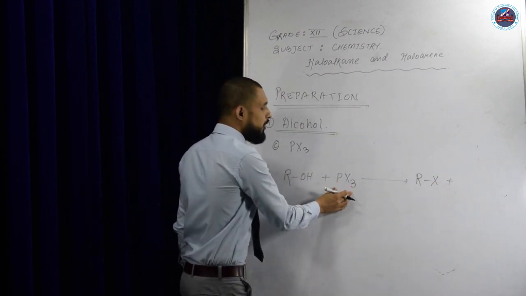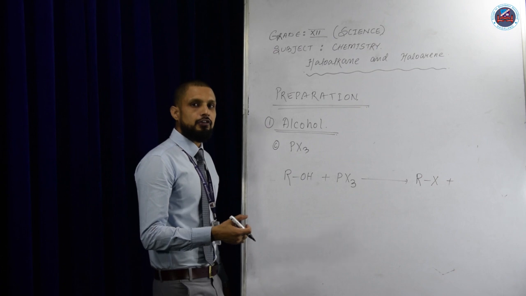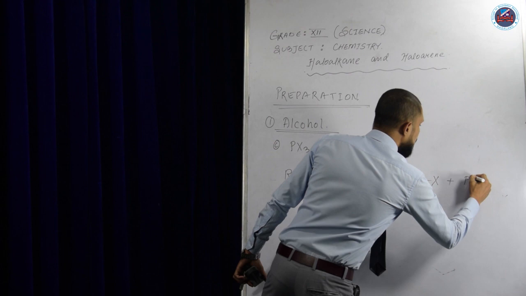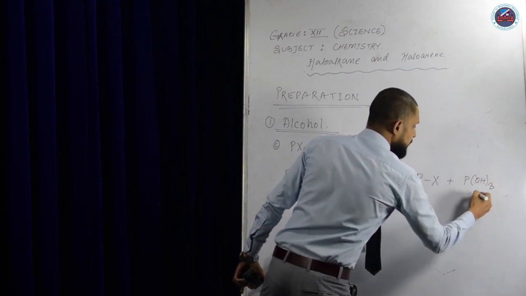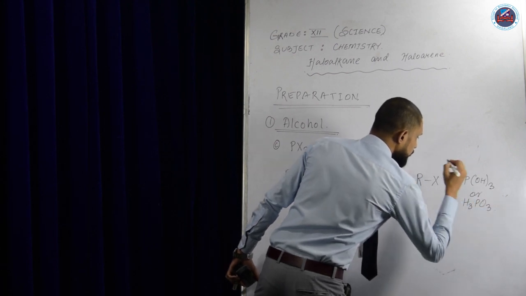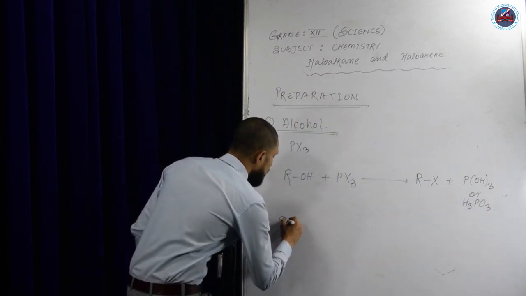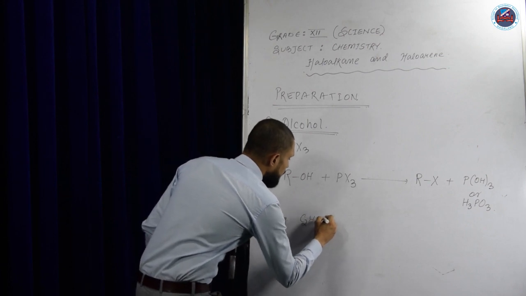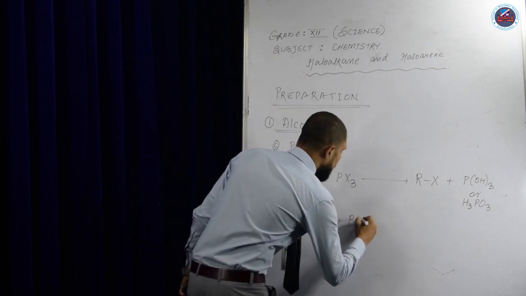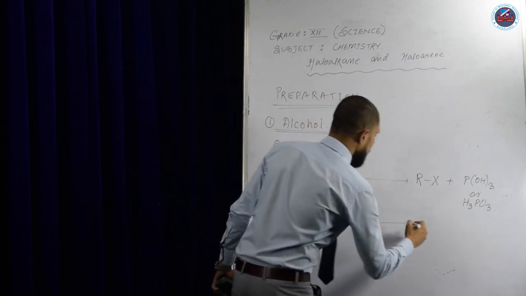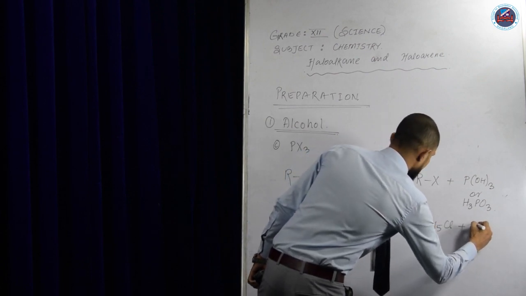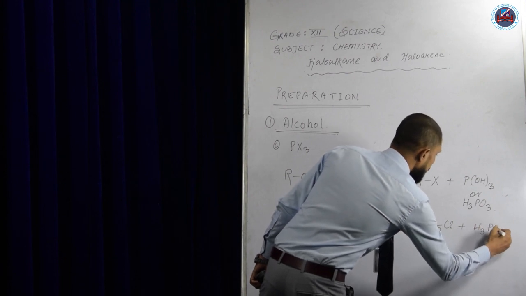When we take PX3, instead of halogen acid and phosphorus oxyhalide, we get only one other product, that is H3PO3. Let us take an example. C2H5OH, the name of this compound is ethanol. If it reacts with PCl3, the compound formed will be C2H5Cl plus H3PO3.